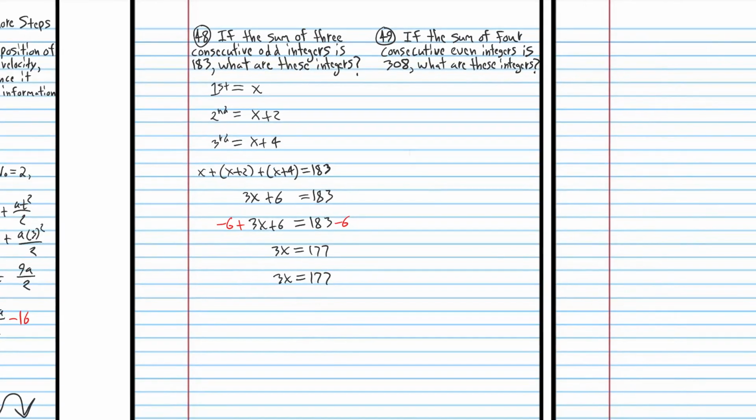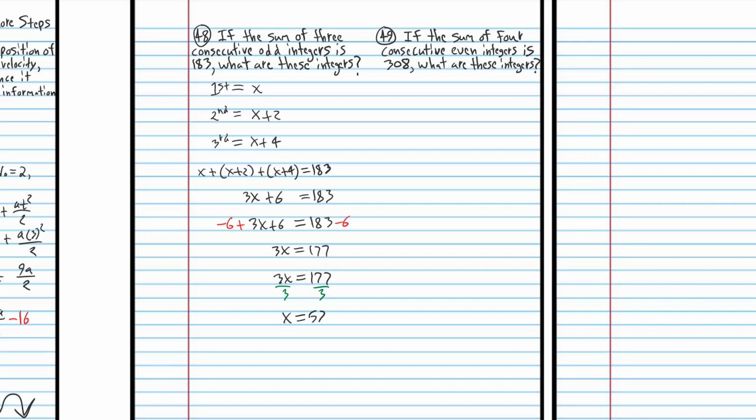Divide both sides by 3, and 177 divided by 3 is 59. So the first number is 59. So if the first number is 59, the next number has to be 61, and the next number has to be 63. So there you go. And it makes sense because those should be odd integers.